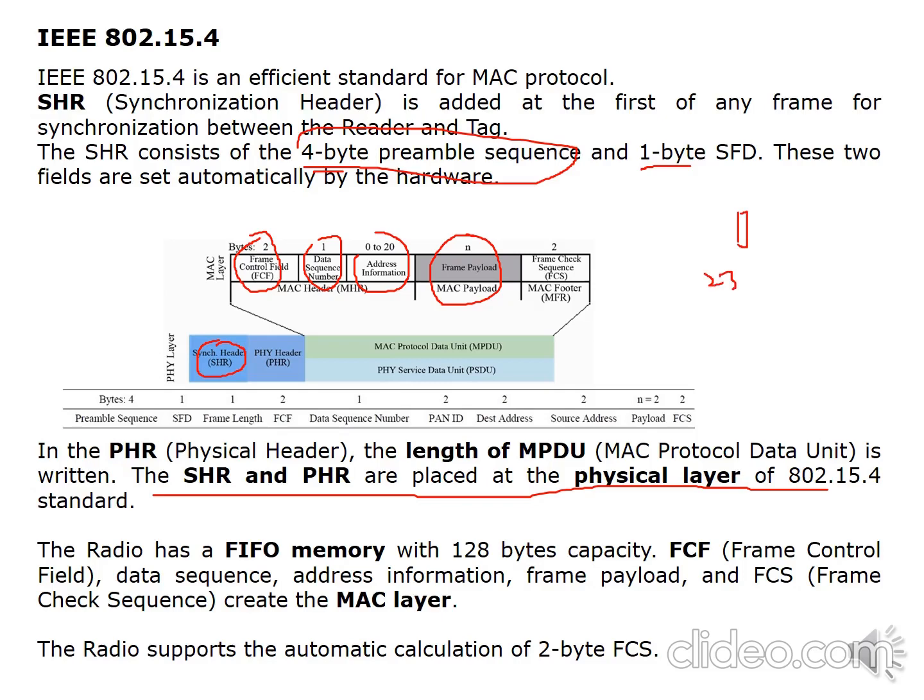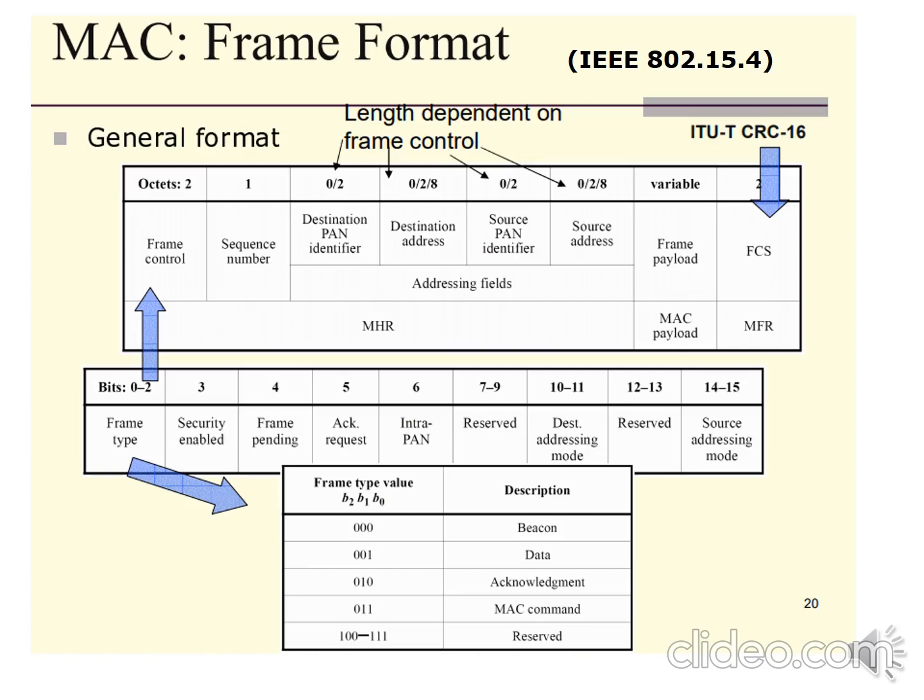So if the temperature sensor sends a temperature of 23, this will be sent in a frame and the 23 will be placed here, and the rest is just the protocol that shows what the frame sequence number is, where it is destined, from where it originated, and some checksum for checking the errors, etc. The frame control, sequence number, destination personal area network.